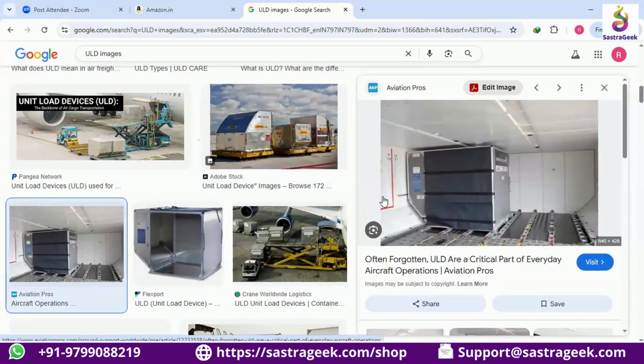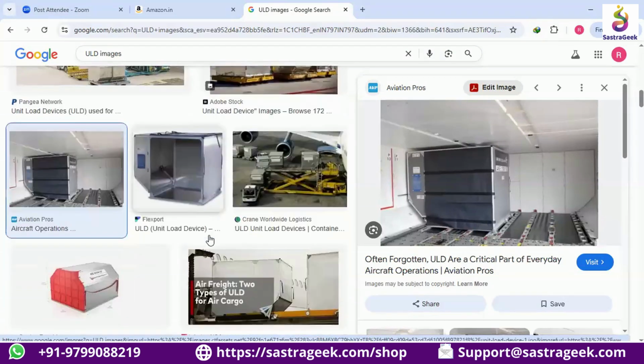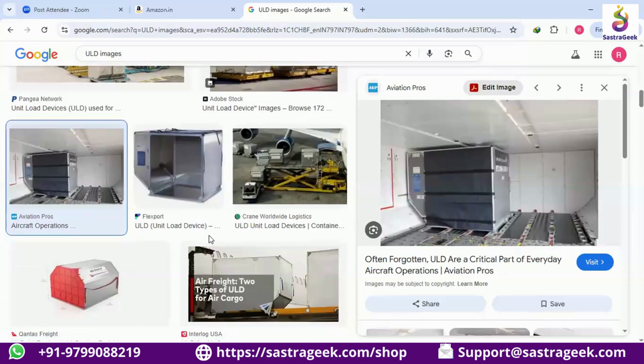Every aircraft will have its own shapes and sizes of ULDs on the basis of which it will be transported. Airbuses will have their own types of ULDs, jumbo jets will have their own, and different cargo planes have theirs, because it depends upon the aircraft's size. So you'll have ULDs designed particularly for that definition.